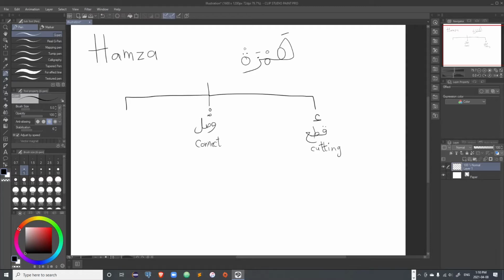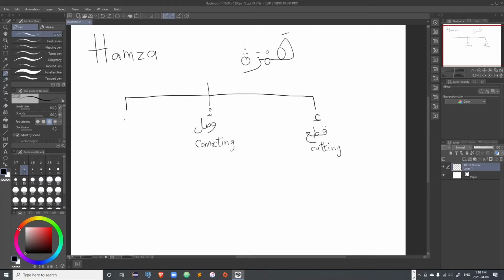We will understand why it is called connecting. I believe we can cover both of these earlier in the next lesson, God willing, which will cover the articles. And this will be very vital for us in articles, and we will know why soon. We can also cover why this is called cutting, and this is called connecting.